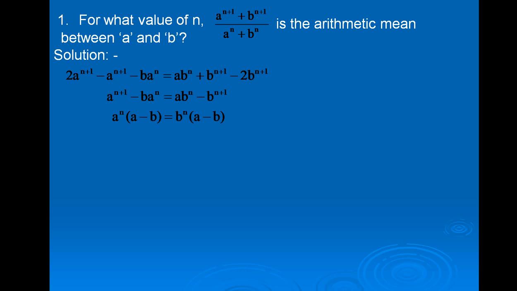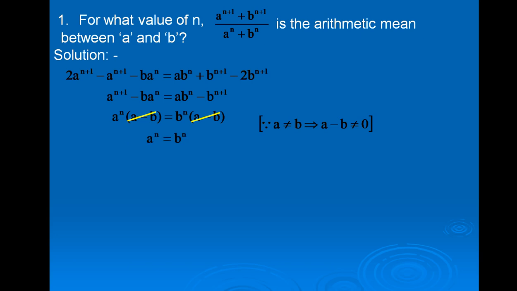So a^n (a minus b) equals b^n (a minus b). Now a minus b and a minus b cancel each other, because a and b are distinct numbers, therefore a minus b is not equal to 0.